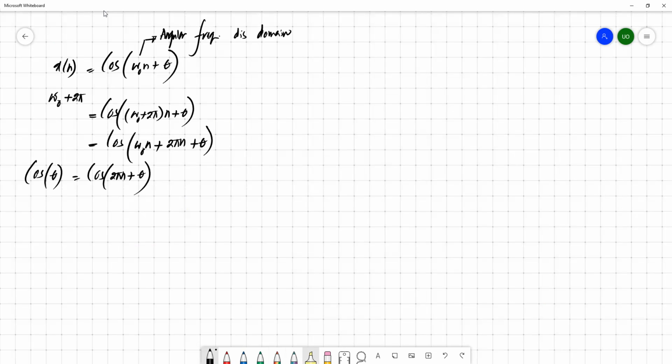This is a fundamental trigonometric concept. Adding multiples of 2π brings you to the same angle. If you plot it, this is your theta, and 2π plus theta simply lies on the same point.